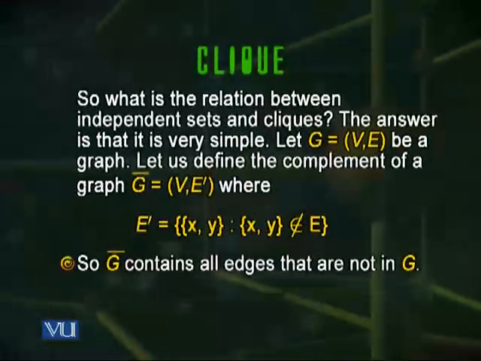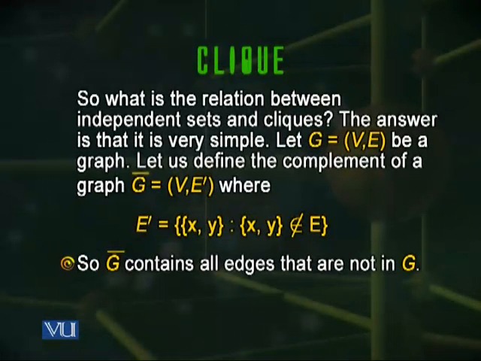So, to define the complement of a graph, if you have a given graph, it has some edges in it. To take the complement, you throw away all the edges which are in the graph, and whatever edges were not in the graph, you put those in, and you get the complement of the graph. Now, here is the simple relationship.